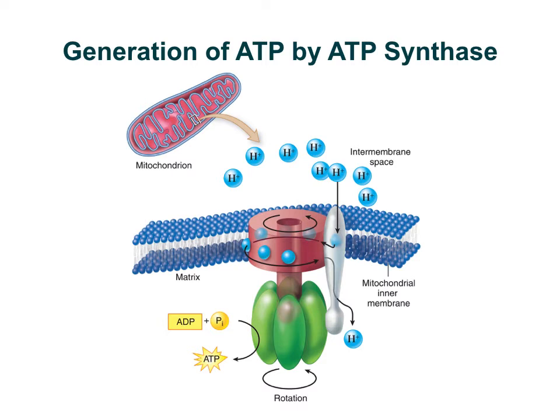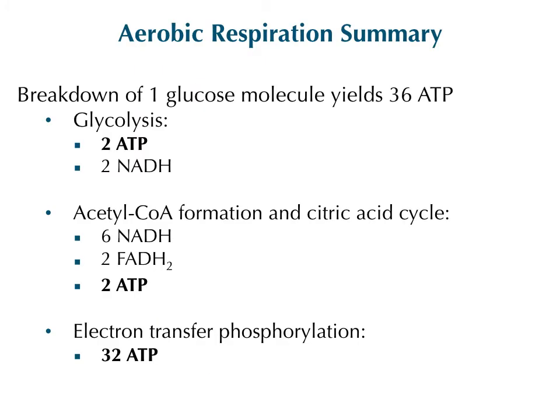So let's now summarize what happened throughout the whole sum total of aerobic respiration. Okay? In total, the complete oxidation of one molecule of glucose to water and carbon dioxide is used to produce 2 ATP in glycolysis and 2 NADH in glycolysis.